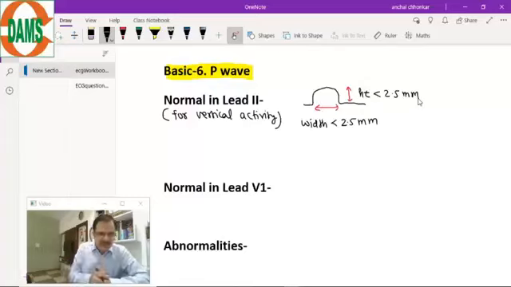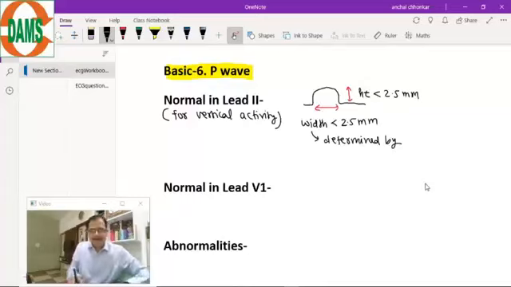These are fact based questions. So height is normally less than 2.5 and the width is less than 2.5 mm. The width is determined by left atrial activity.